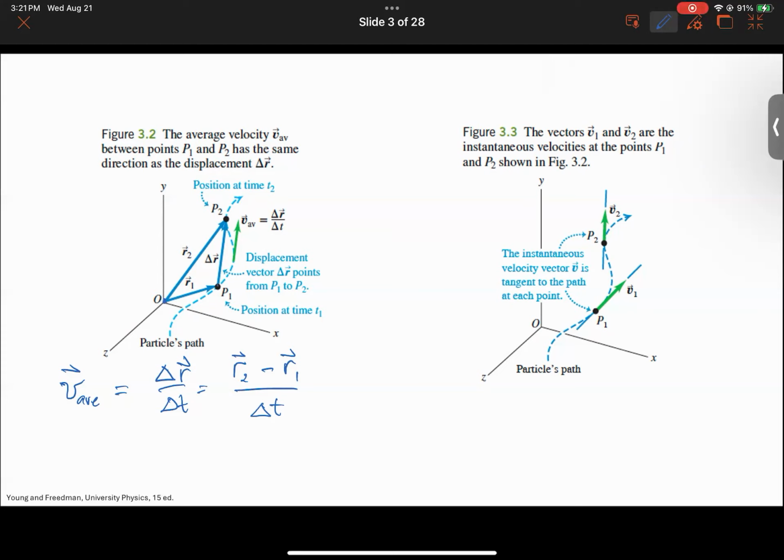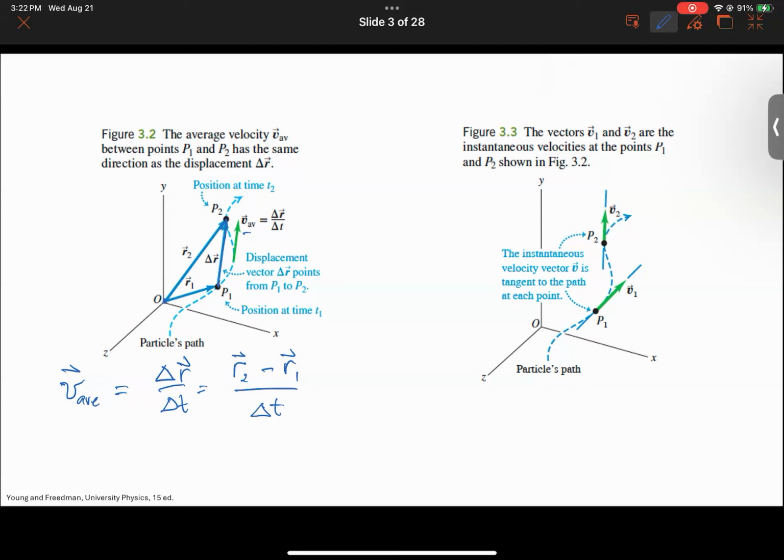So from R1 to R2. So yun yung delta R natin. Yung direction ng delta R will be the same direction as the average velocity. And then if you divide delta R by delta t, you get the magnitude of the average velocity.